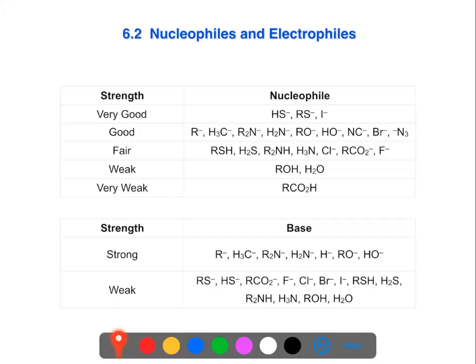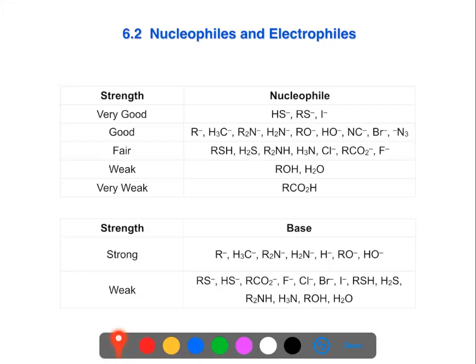Now, the other feature that is highlighted quite clearly in this first entry is that larger atomic centers like sulfur and iodine, being more polarizable, are better nucleophiles. And so that was the last point that we made on the previous slide. So you can see that these are your best nucleophiles if you're looking for a nucleophile for an organic reaction.